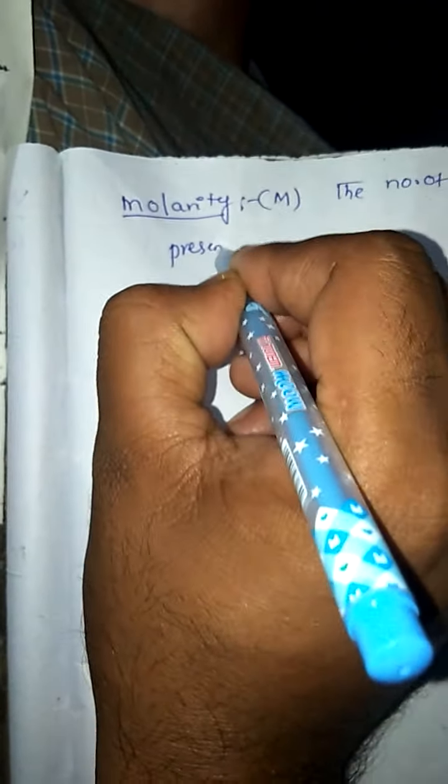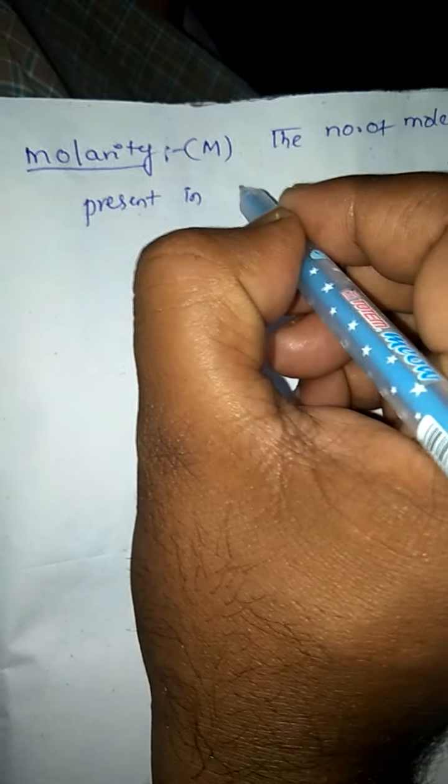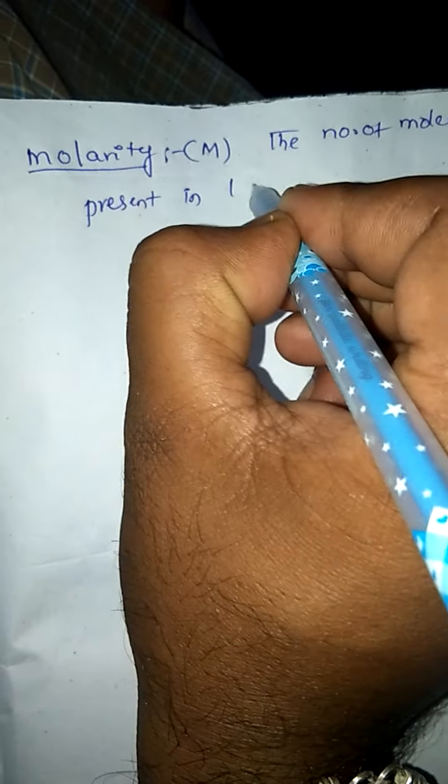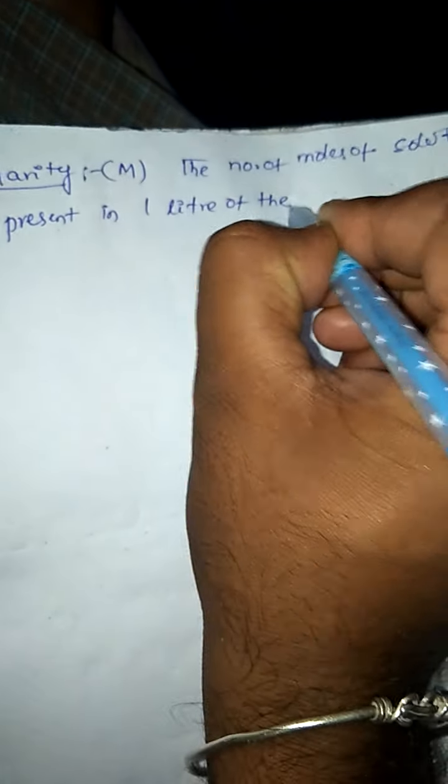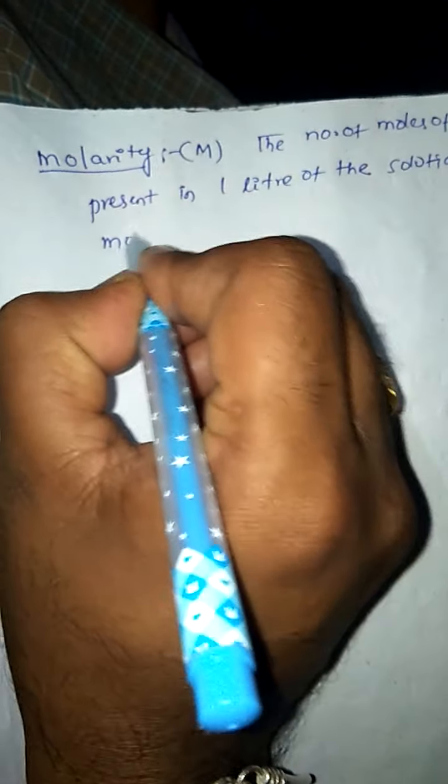So next one is molarity. What is molarity? The number of moles of solute present in 1 liter of the solution is called molarity.